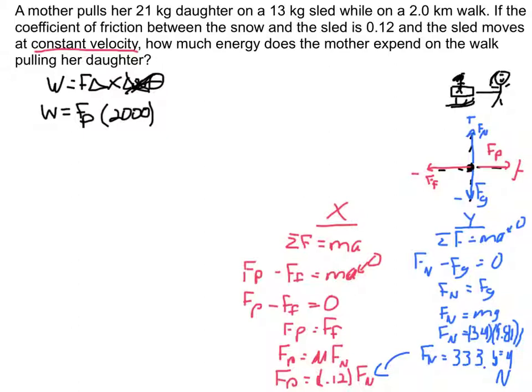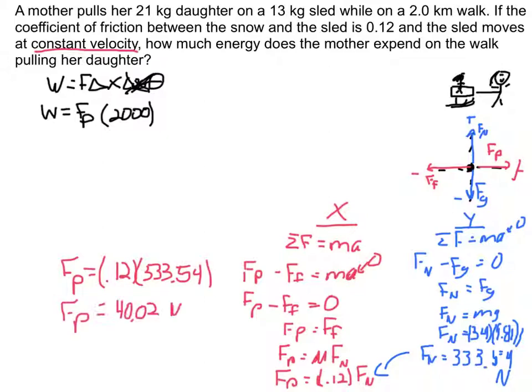So let me grab a little bit more workspace. So Fp is equal to my mu, which is 0.12, times my normal force, which I just found out was 333.54. So you plug that into a calculator, and you come out with 40.02 newtons.